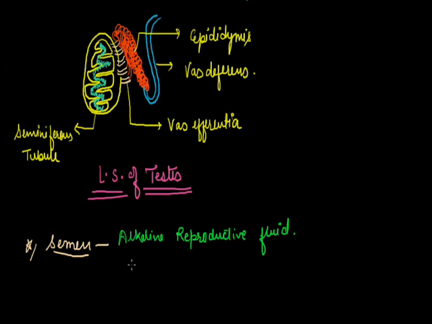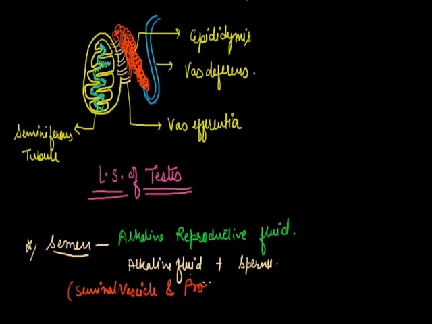In semen, along with the alkaline fluid, millions of sperms are also present. That fluid is secreted by two glands, the seminal vesicle and the prostate gland.